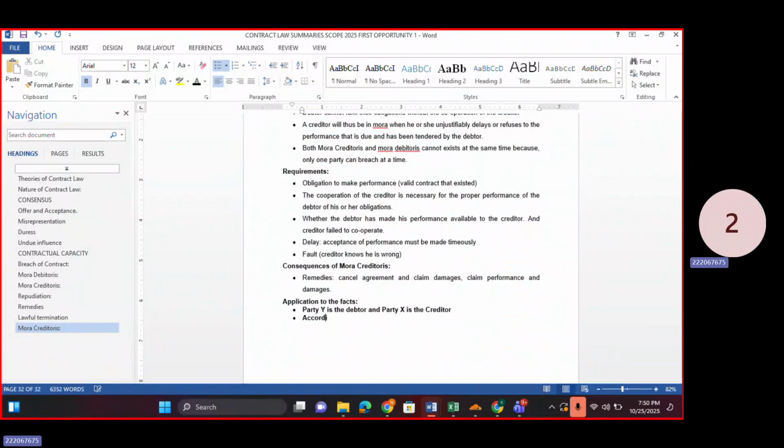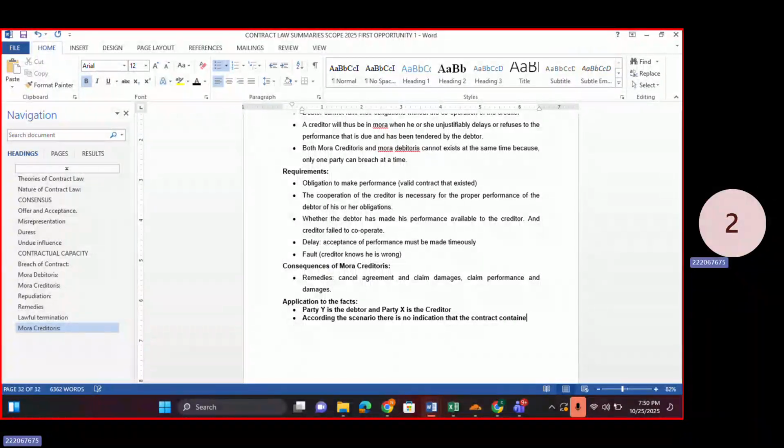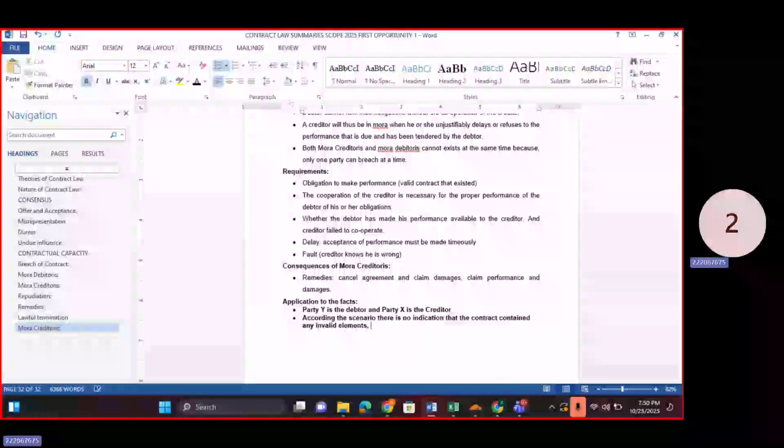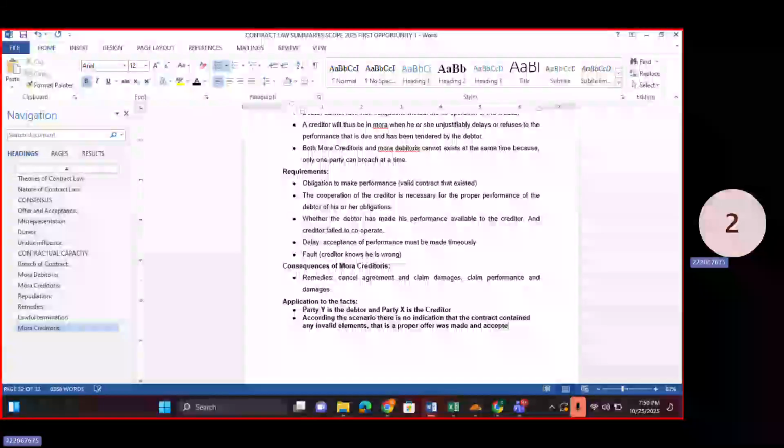We say according to the scenario, there is no indication that the contract contained any invalid elements. That is, a proper offer was made and accepted.